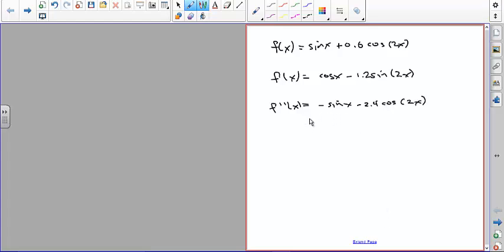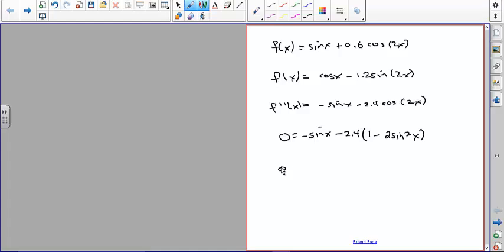Okay. So what you do here is you're going to replace cosine of 2x with the one that involves the sine squared. So this will end up being negative sine x minus 2.4, and getting my trig identity table out, cosine of 2x is 1 minus 2 sine squared of x.